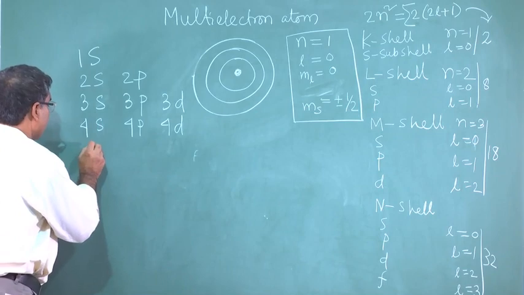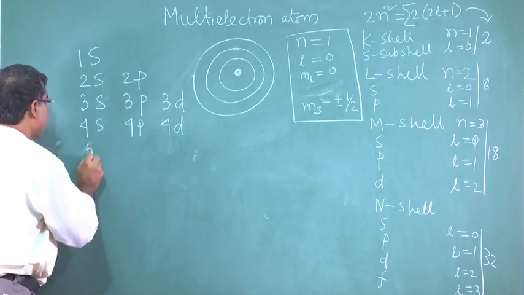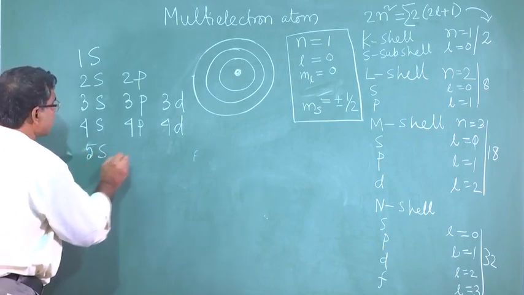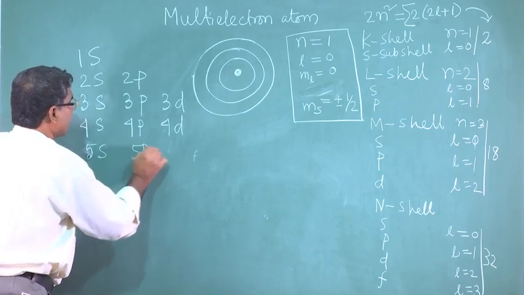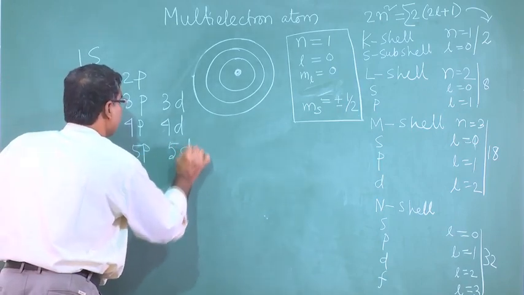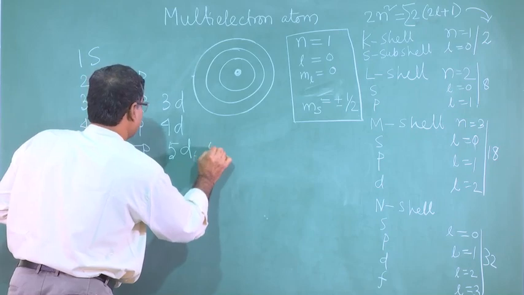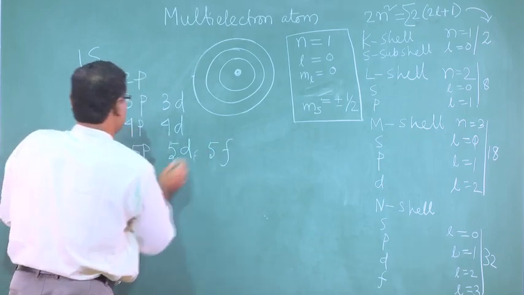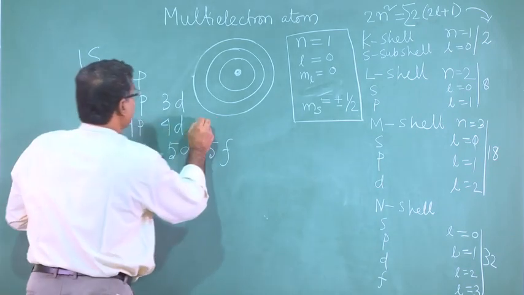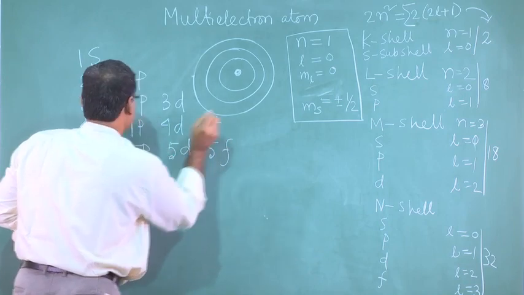Then n equal to 5, I have orbitals 5s, 5p, 5d, 5f. So, I think 4f is also there, 4f.